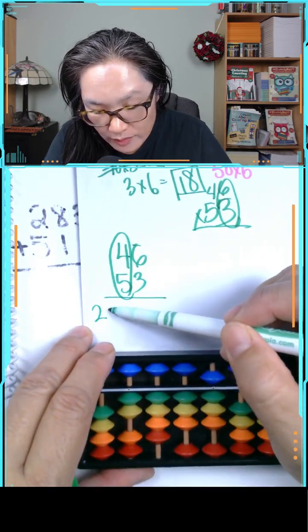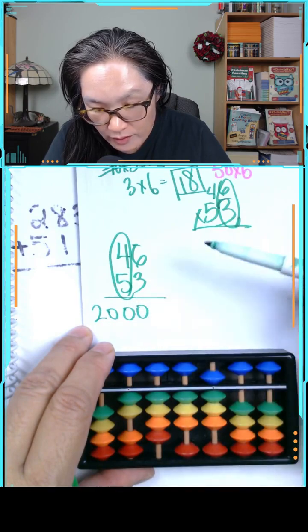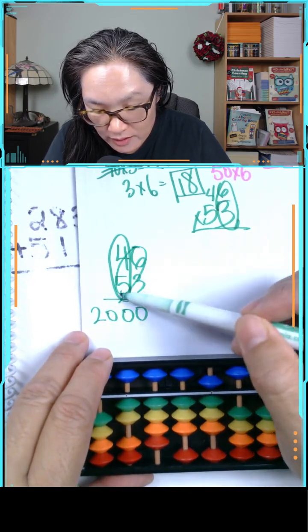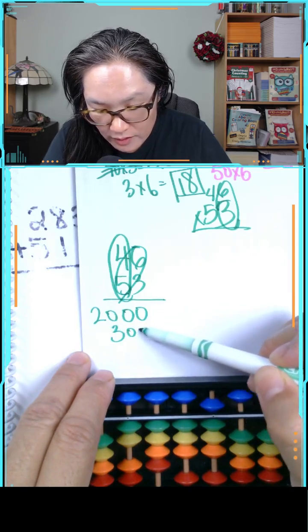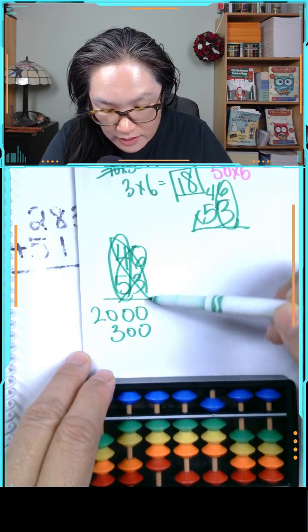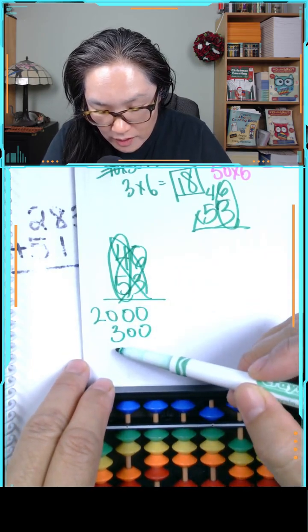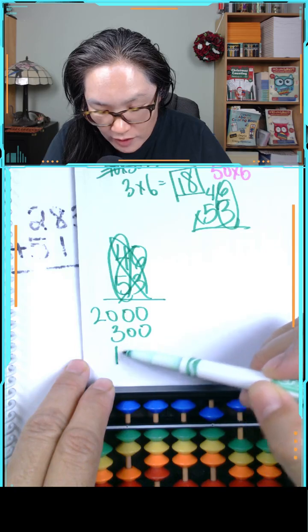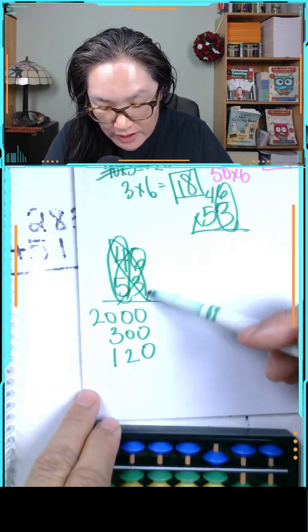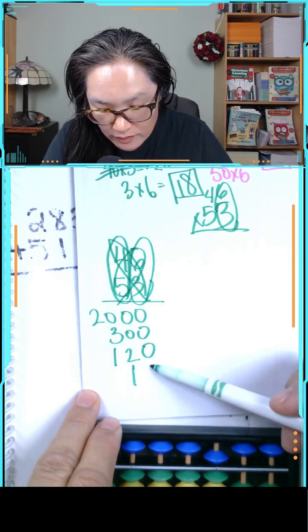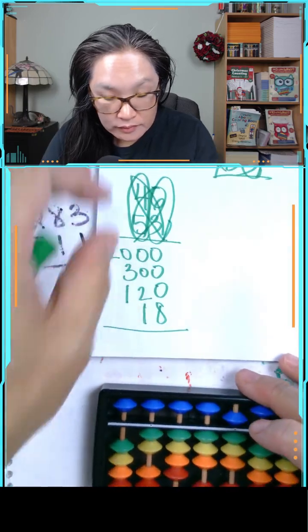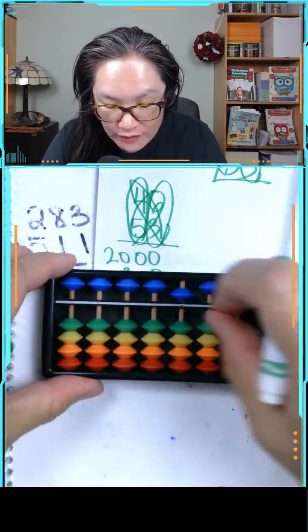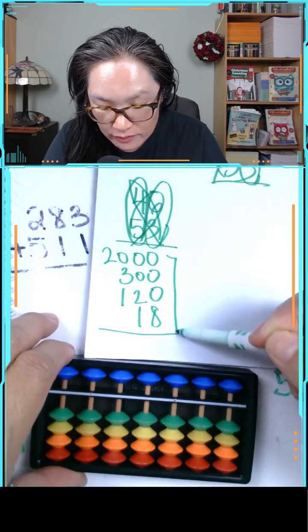So this was actually going to be 2000, and then we did this, right? Then we did 300, and then we did this, which was 120, and then we did this. And then we add it all up. That's what we did. But I didn't have to write this all out, right?